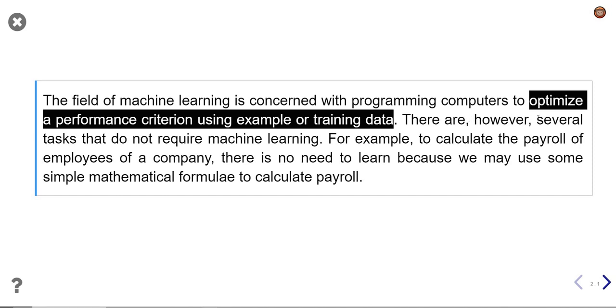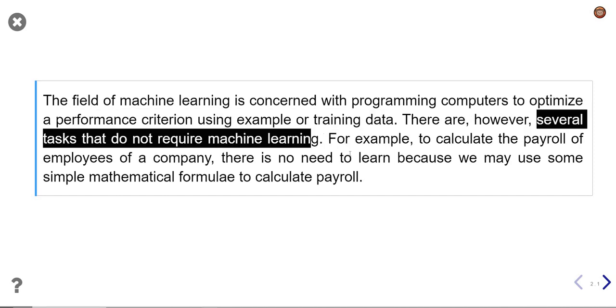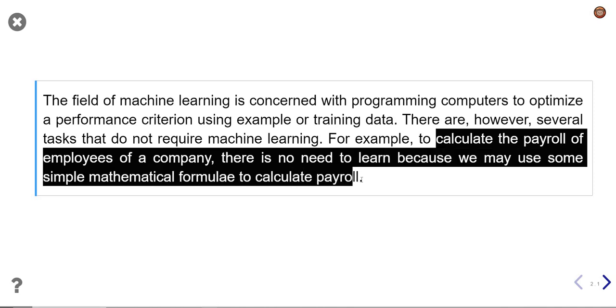But you need to take note that not all tasks require machine learning. Now, for example, if you want to calculate the payroll of employees of a company, do you need to use machine learning algorithms? No, you don't have to.